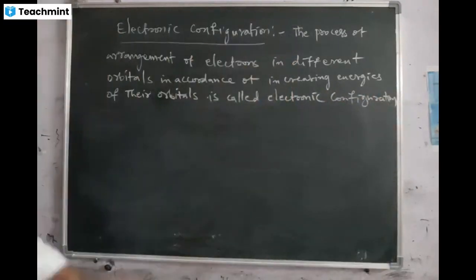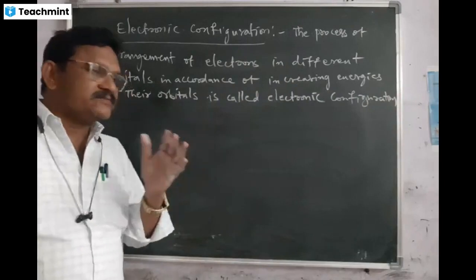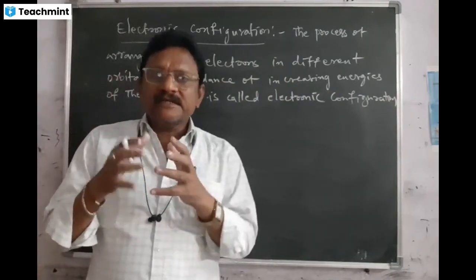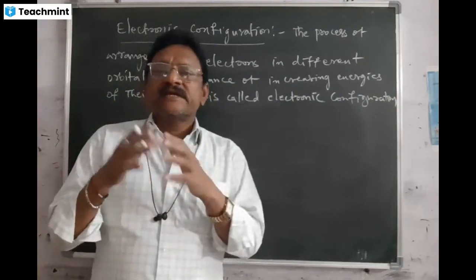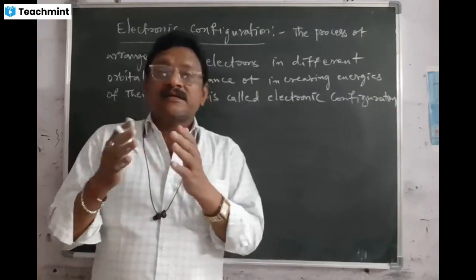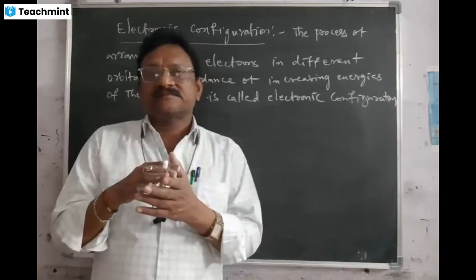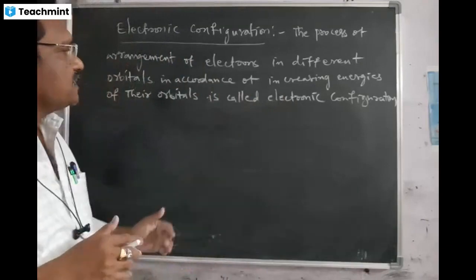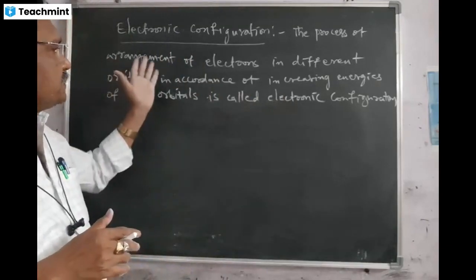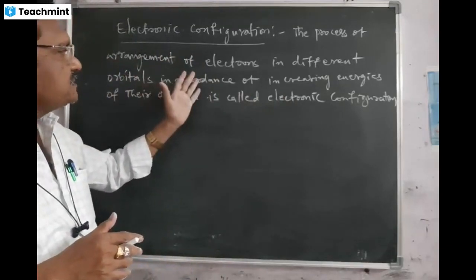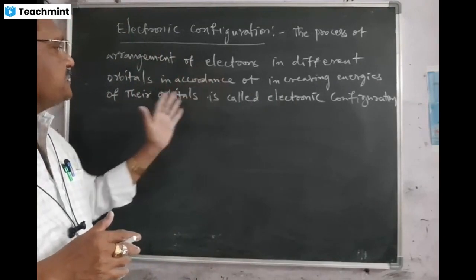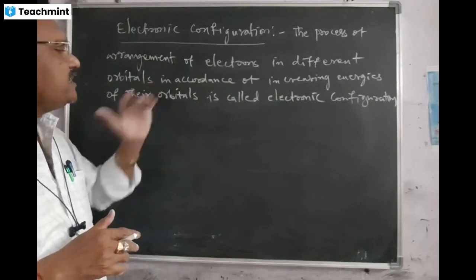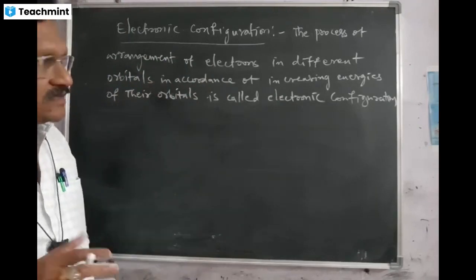That means the process of arrangement of electrons in different orbitals as per their different energy levels is called electronic configuration. So we are arranging the different electrons in different orbitals in accordance with the increasing energies of the orbitals.